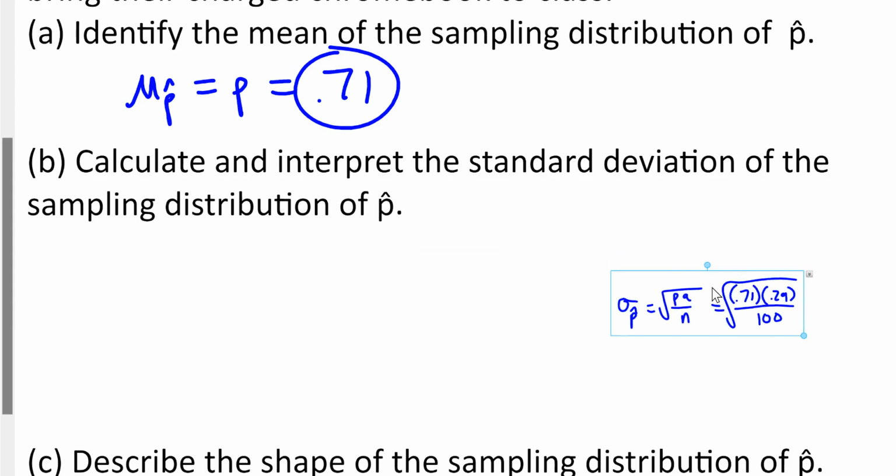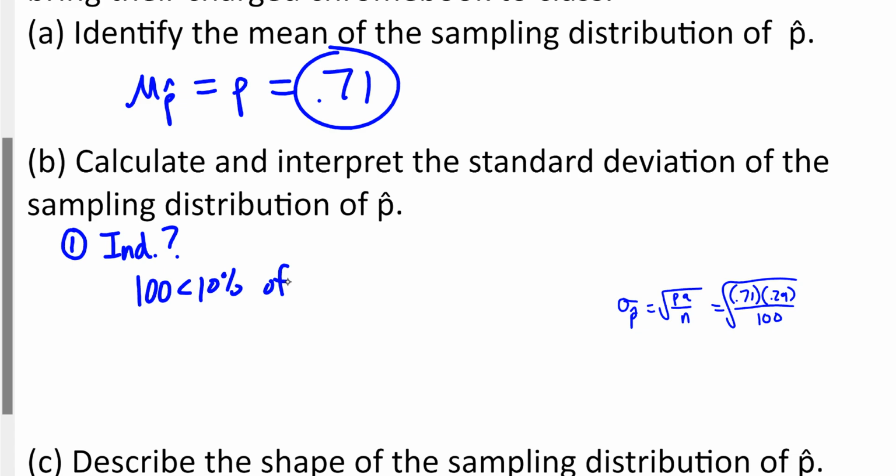So here's a friendly reminder. Step 1, independent. Is 100 less than 10% of all, what are we looking at here? Hamilton High School students, right?